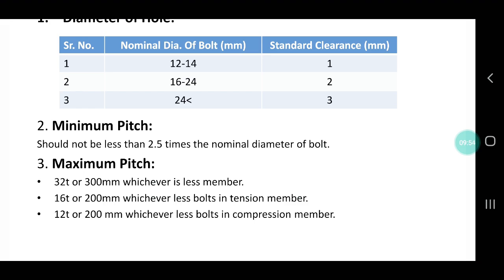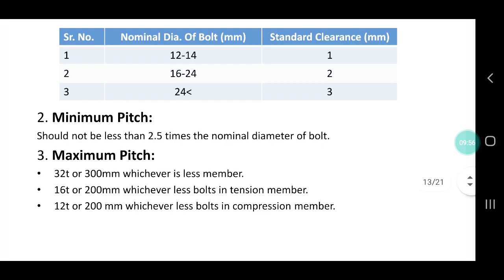Bending or shearing problems could happen. So that's why the maximum pitch is also mentioned here, which is 32T or 300 mm, whichever is less, for the bolts in the members including the tacking bolts.